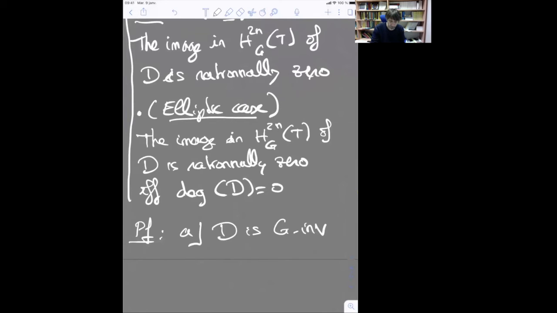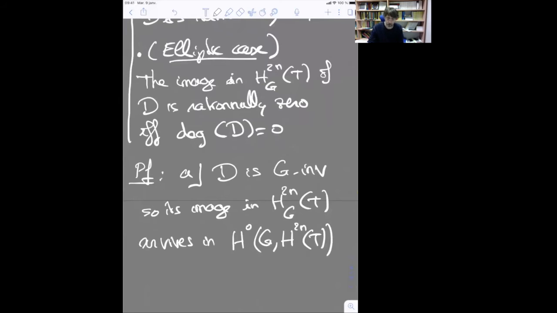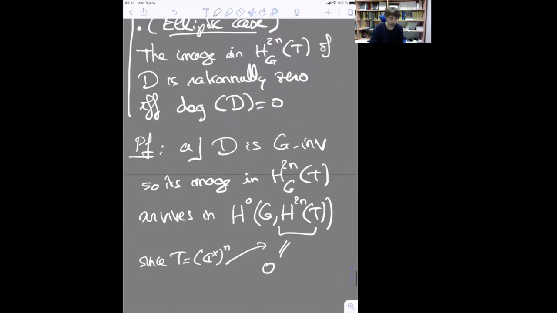So its image in the equivariant cohomology in fact survives in the first step of the spectral sequence in H^0 of G, H^{2n} of T. It really gives an invariant class in the cohomology of T. But in the trigonometric case, this is 0, since T, which is C star mod n, is affine.